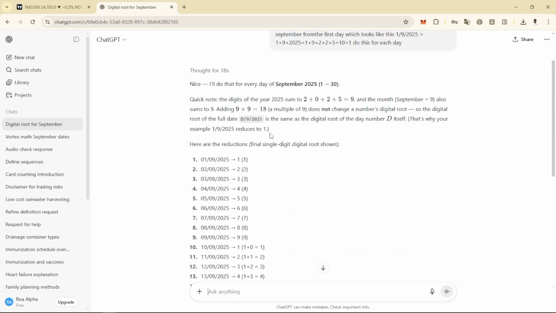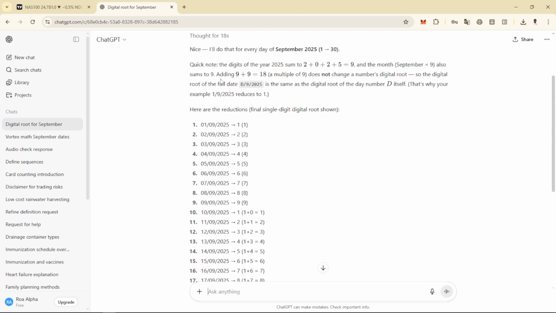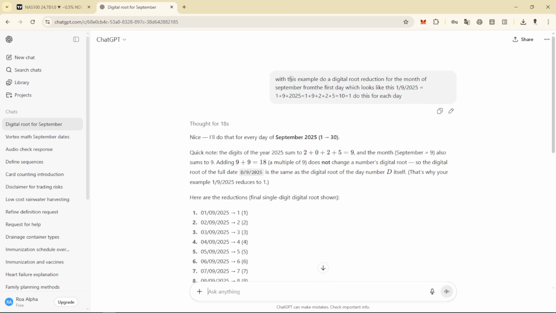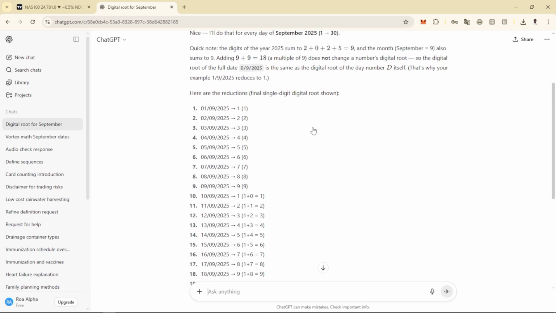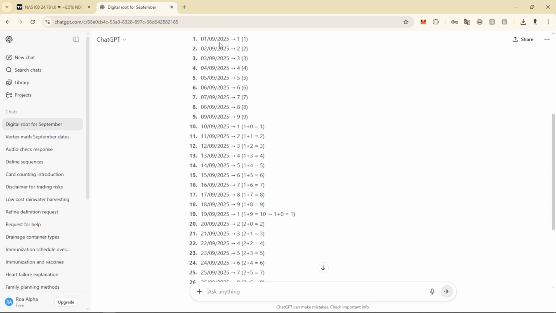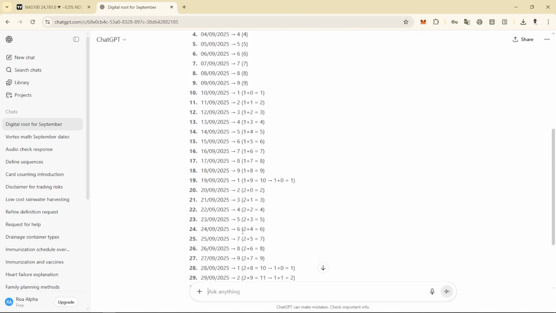I told ChatGPT to do a date count, that's the digital root reduction. With this example, do a digital root reduction for the month of September from the first day, which looks like this, right? I gave it a sample and I asked it to do it for each day.